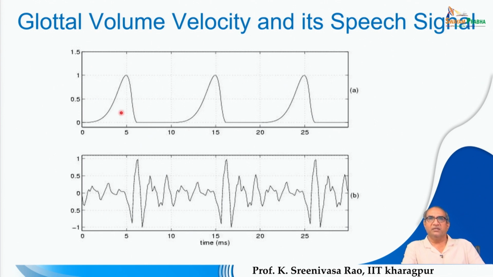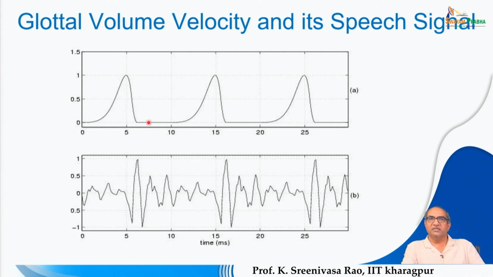So, this is the glottal volume velocity, or you can view this as the excitation signal. This excitation signal is propagated through the oral cavity, and the oral cavity will superimpose its response, its characteristics. Because of that, the output speech looks like this. You can see the bottom figure, there are two figures.